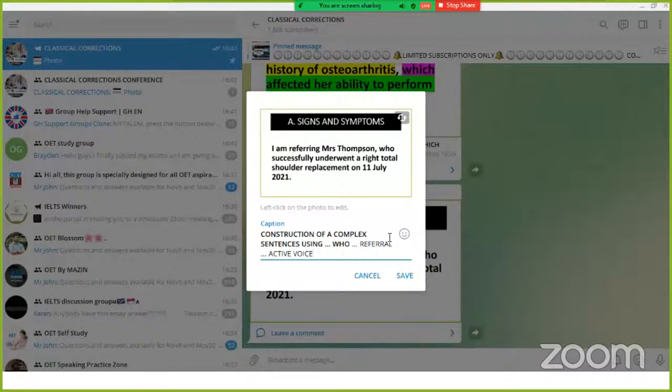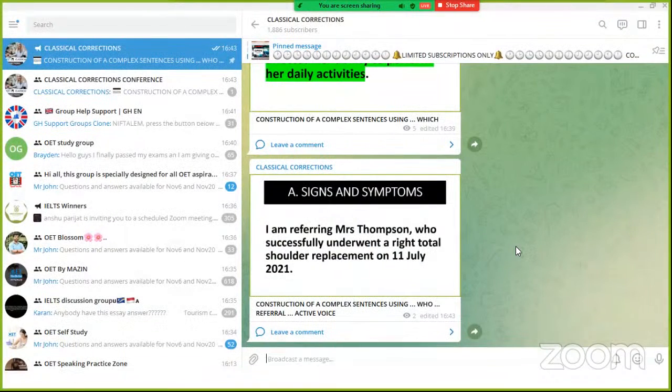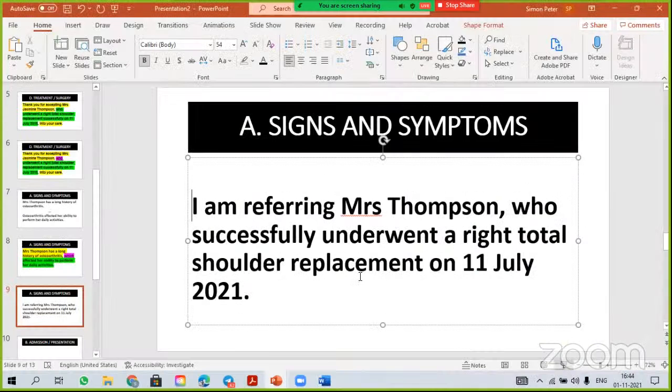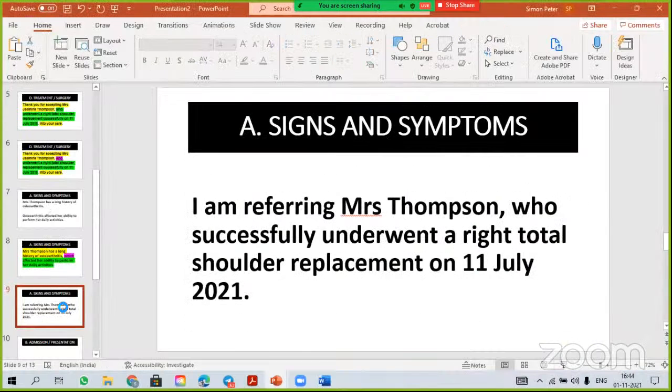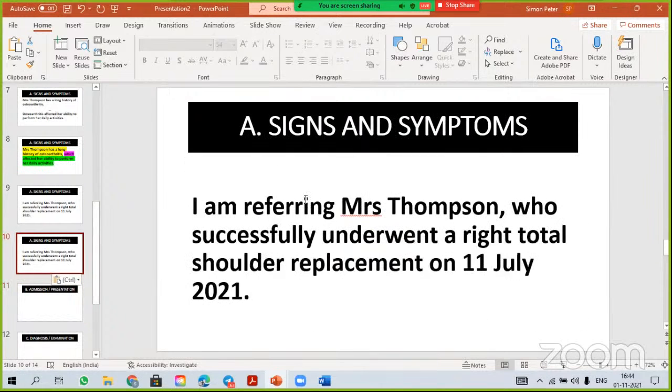Active voice. This is active voice, not very good. Active voice is not considered very good, so you have to use passive voice. So now we'll take the same sentence and make it a passive sentence.